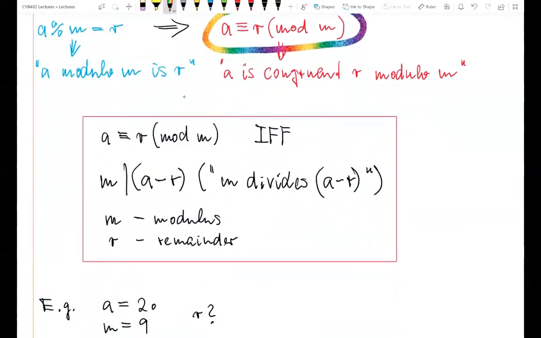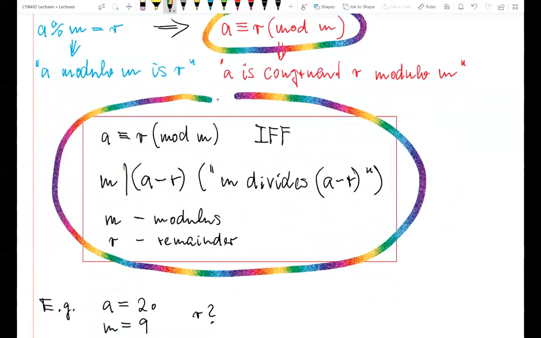So here it is. a is congruent to r modulo m exactly in the case if m divides a minus r. The way we read that dash here is divides.